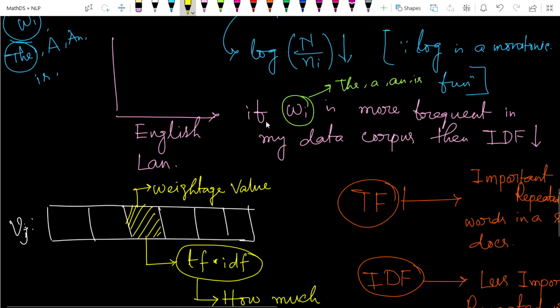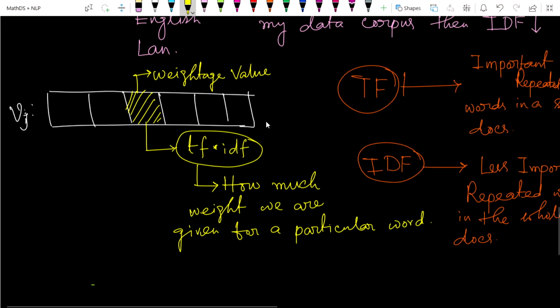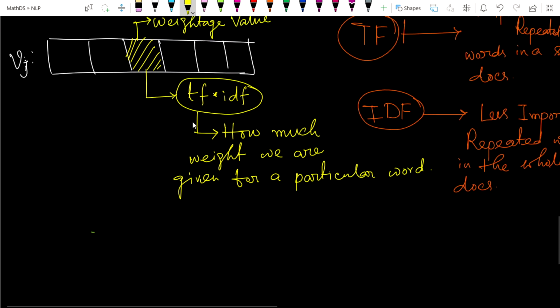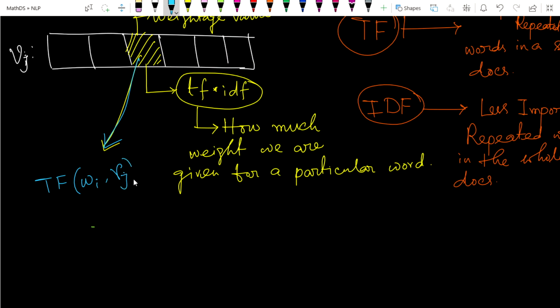I think you got the point of what I want to tell you. For a particular cell, TF-IDF is doing this job: we calculate TF for a particular word in a particular sentence Rj, multiplied by IDF, which we calculate for a particular word over the whole document collection.